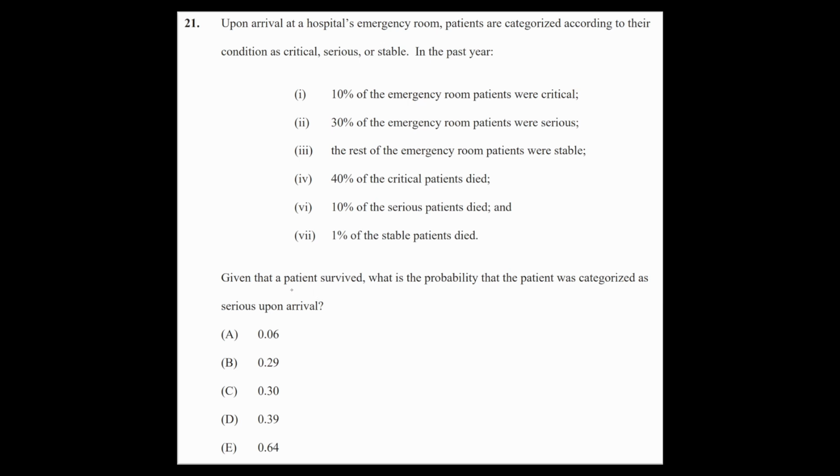Given that a patient survived, what is the probability that the patient was categorized as serious upon arrival?